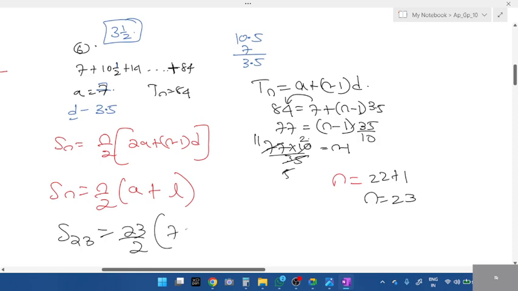A is 7 plus L, that is Tn, and L both are same. You will get it in a mixed fraction.